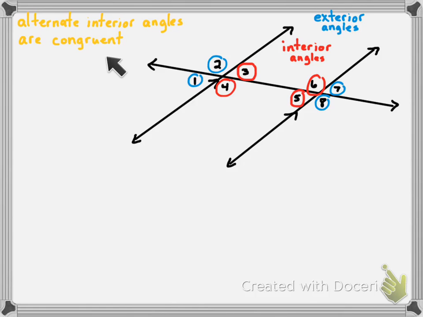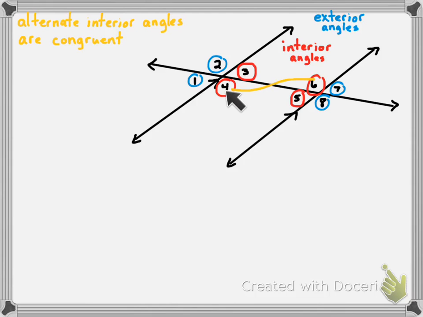Well, that lets me know they're the same, but what are they? Well, interior, so I know they're in here. Now what does alternate mean? It means like the other side or switching back and forth. So alternate interior means you're going from an interior angle across to the other side, to the other interior angle.